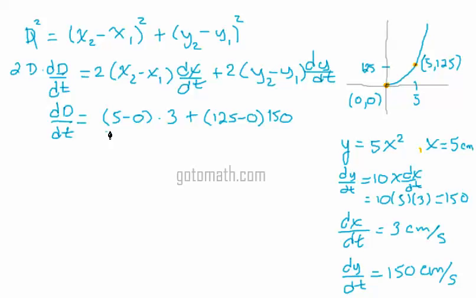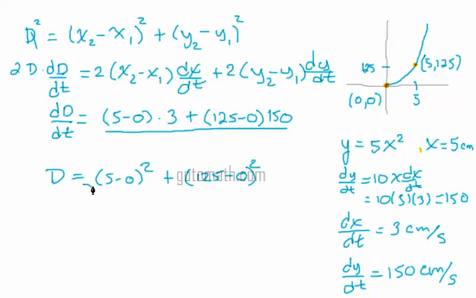Now down here, this d is the distance from here to here. We've already really done this, but I'm going to write it out right here: 125 minus 0. And of course this is all square rooted, so this becomes 5 squared plus 125 squared.